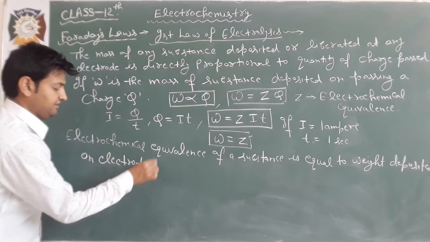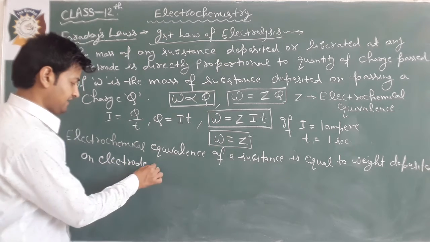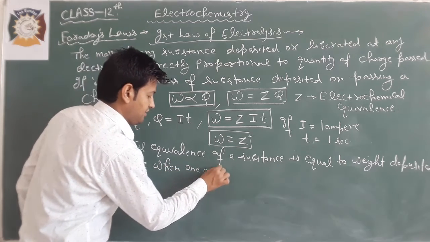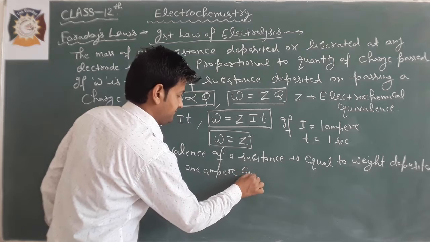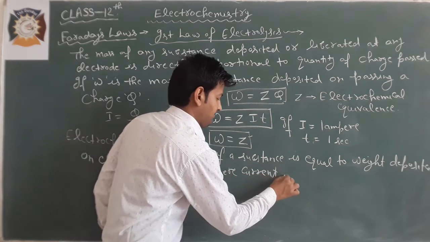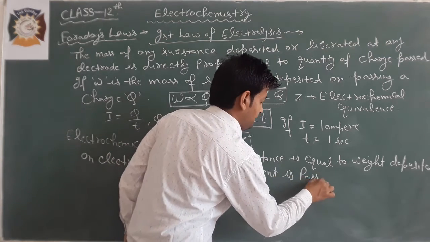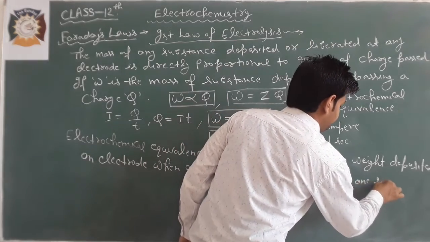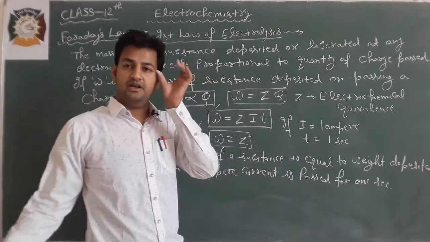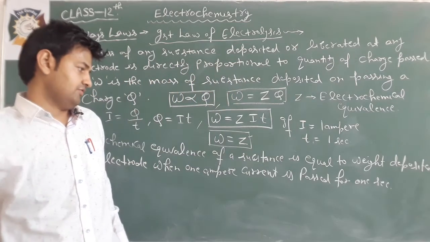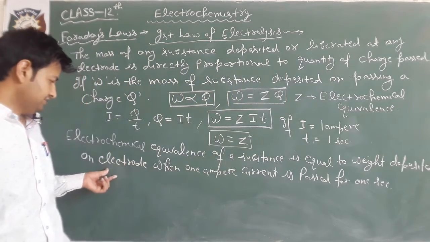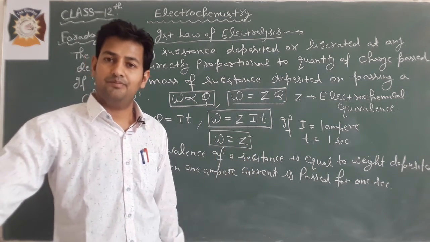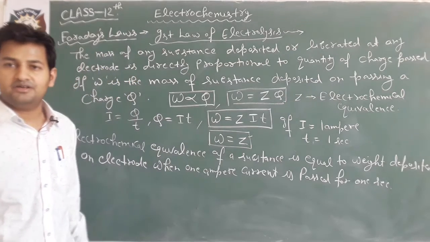Weight deposited on the electrode when 1 ampere current is passed for 1 second. So W is equal to Z, the weight deposited is equal to the electrochemical equivalence when a current of 1 ampere is passed for 1 second.